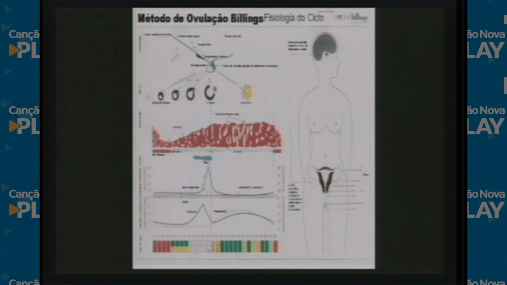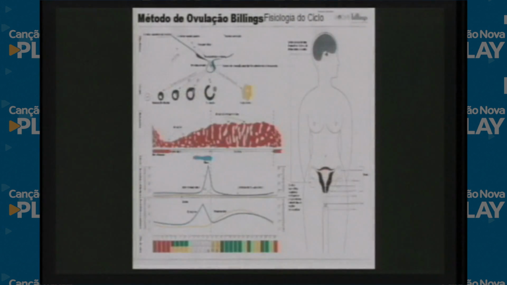The very top of the chart shows the complex brain and what is happening with the feedback mechanism, with the hypothalamus and the pituitary. And we're going to learn a lot about the pituitary hormones in this course.